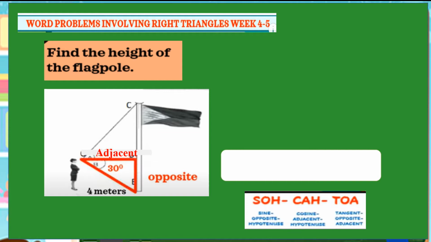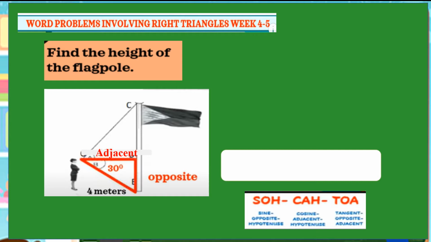Because these 4 meters represent the distance of this boy to the flagpole. So this is the measure of the distance. So pwede din dito gamitin yung sa taas kasi distance in between the boy and the flagpole. So, pwede natin siyang gawing adjacent side which is 4 meters.